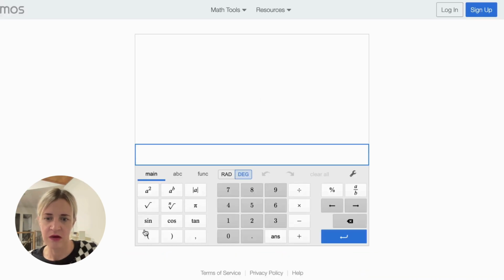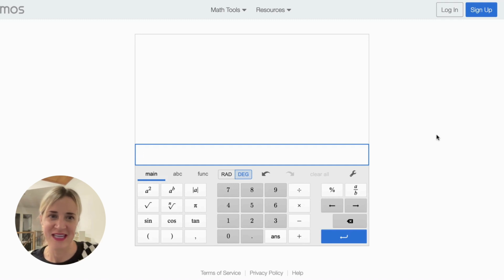And you'll see right here, you can see those trig functions, sine, cosine, and tangent. It is actually super important, this toggle right here, that it is toggled so that it is on degree. So make sure the DEG degree is showing blue here.